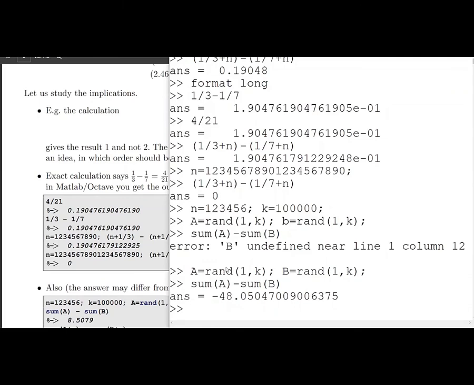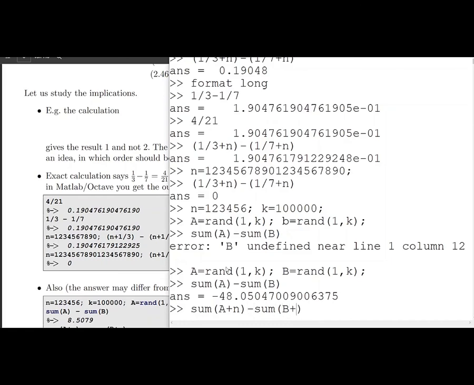Okay, and now let's do the following. Let's add to every entry of A the large number, but not really so large, 100,000. This syntax is mathematically nonsense, an array plus a number, but MATLAB and Octave interpret it and say, okay, you want to add the number to every entry.